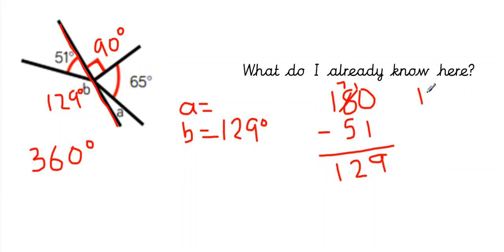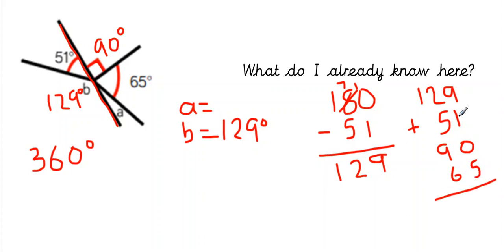So I've got 129, add 51, add 90, add 65. So I've got 9, add 1 is 10, add 5 is 15.